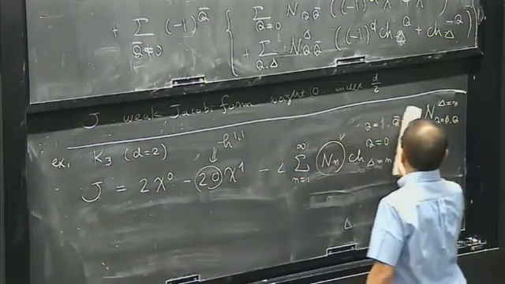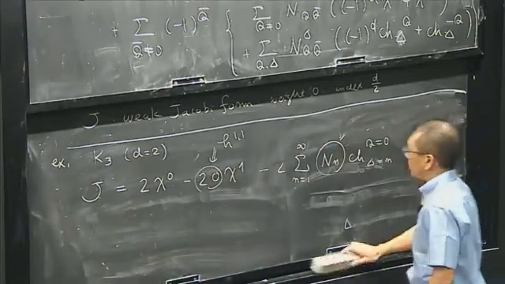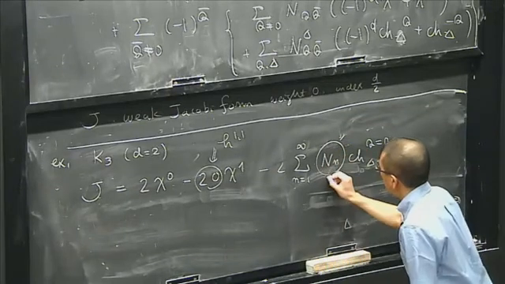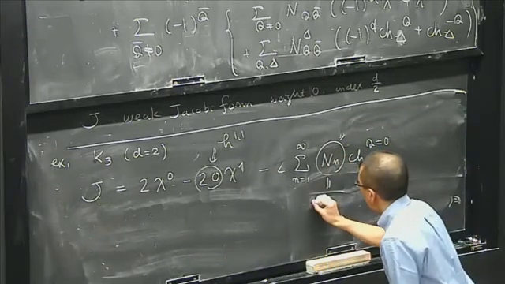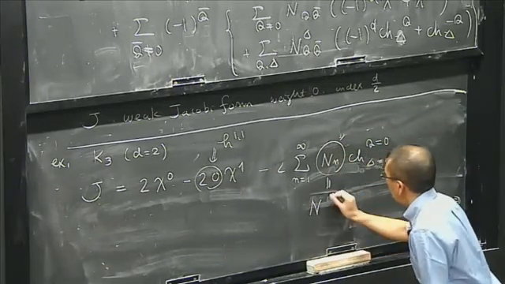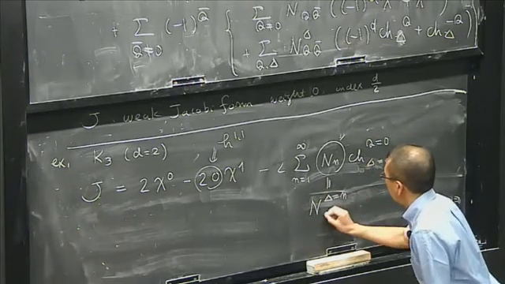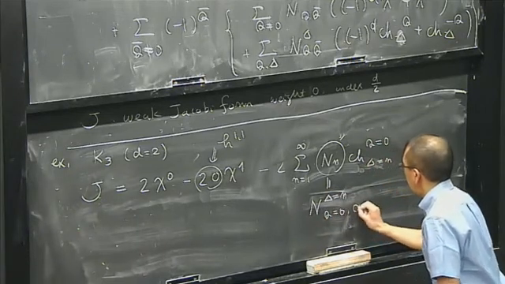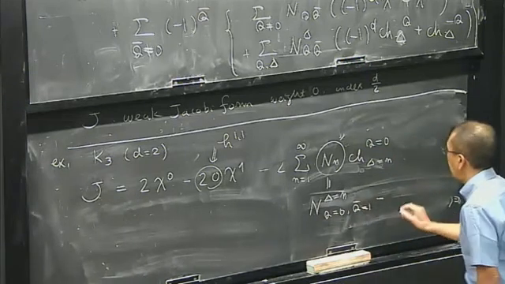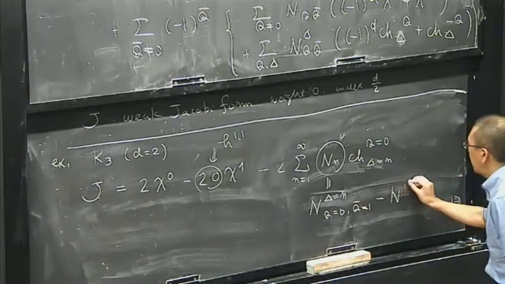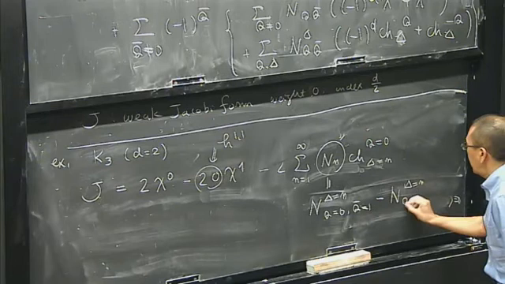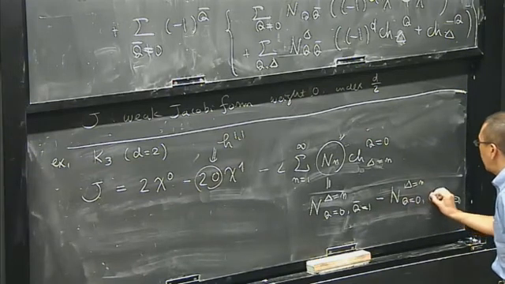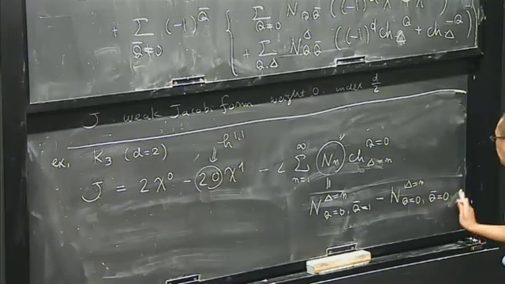This thing is n of delta equal n, q equal 0, q bar equal 1, minus n of delta equal n, q equal 0, q bar equal 0.